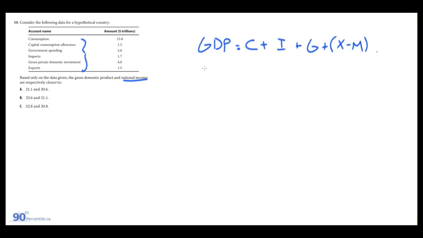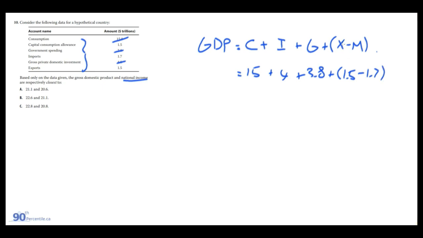So from this table, we can find all of this info. Consumption is 15. Investment, gross private domestic investment is 4. So we can cross these out actually as we go. We have government spending is 3.8. And then exports are 1.5 minus imports is 1.7.